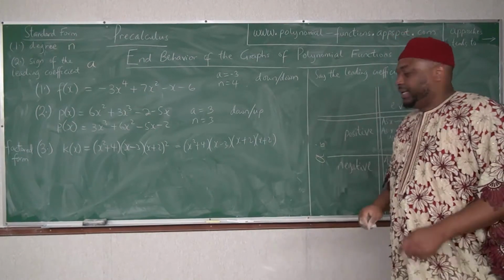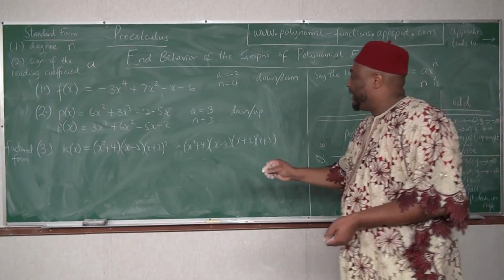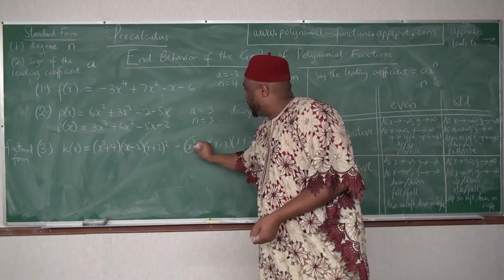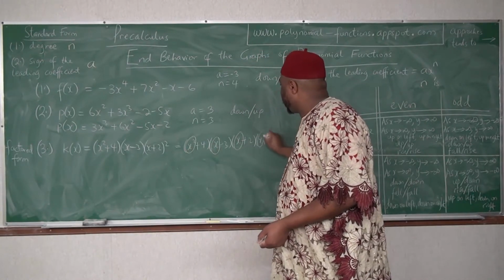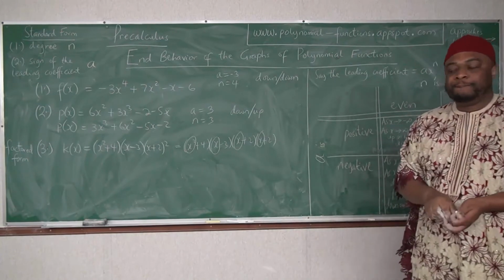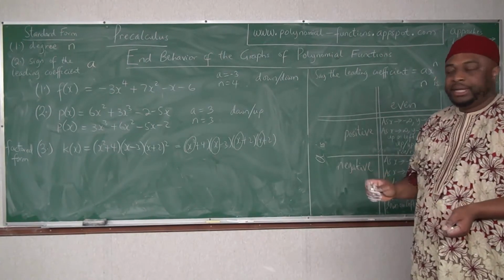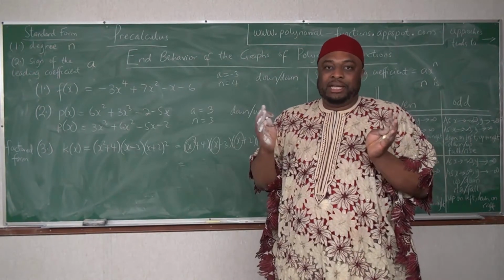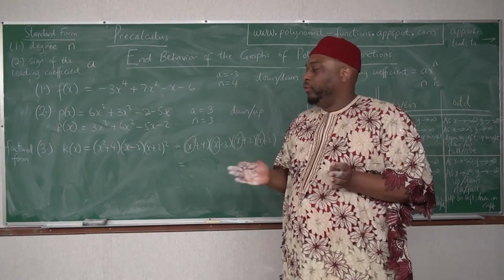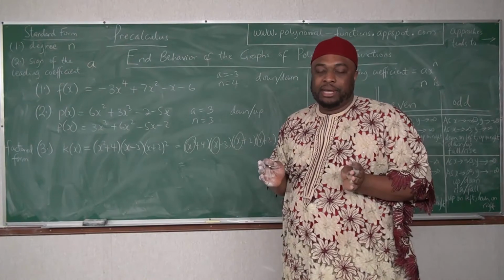So you're looking at this factor times this factor times this factor times this factor. We're looking at the leading coefficient when you put all of them in standard form.